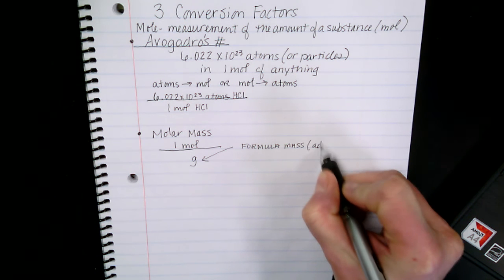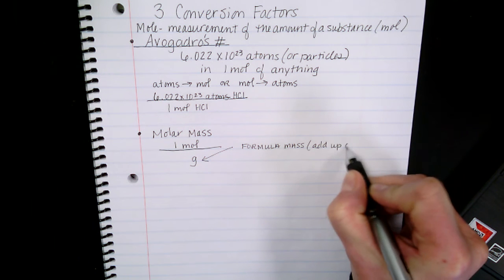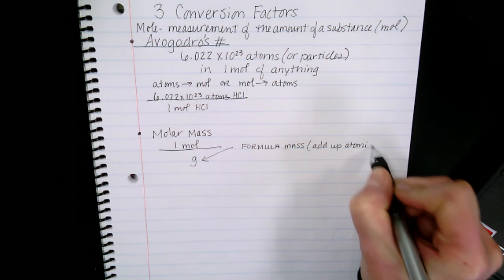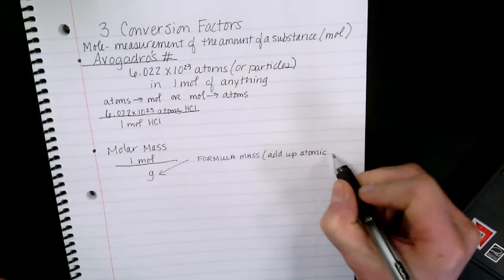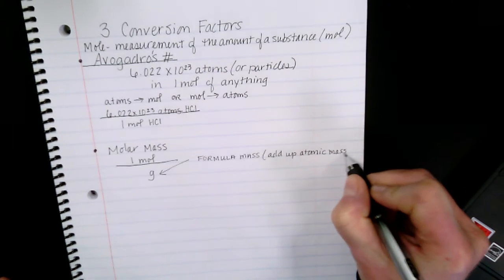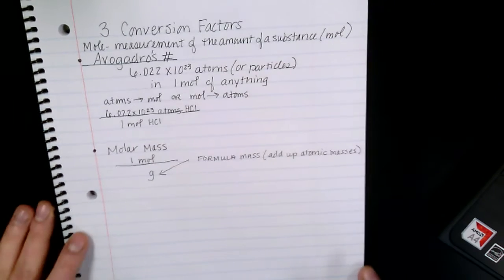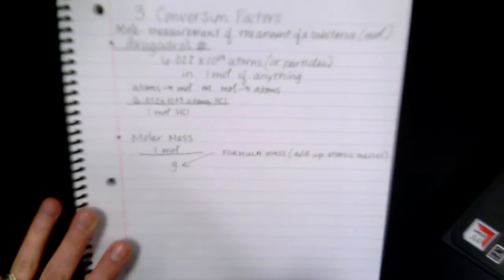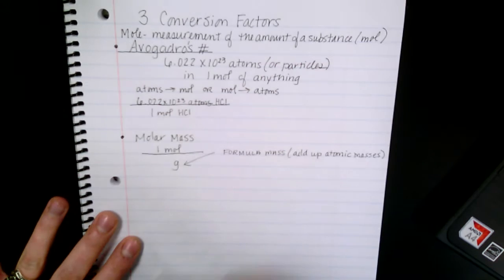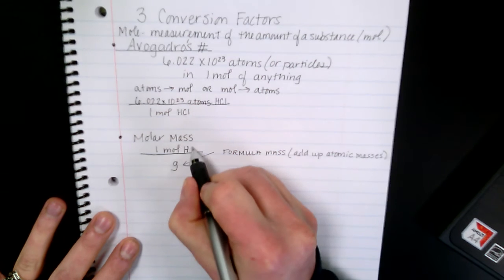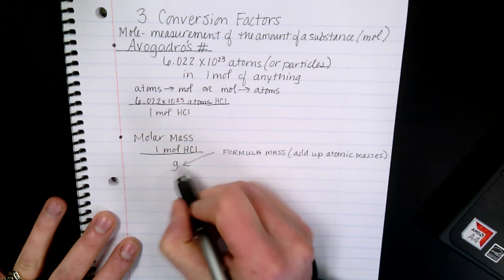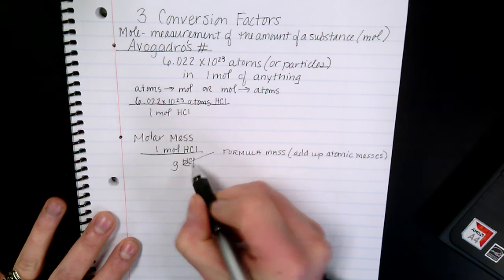So you add up the atomic masses. If we are still looking at the substance HCl, we put grams of HCl here.